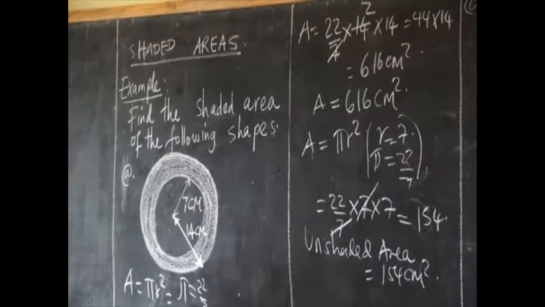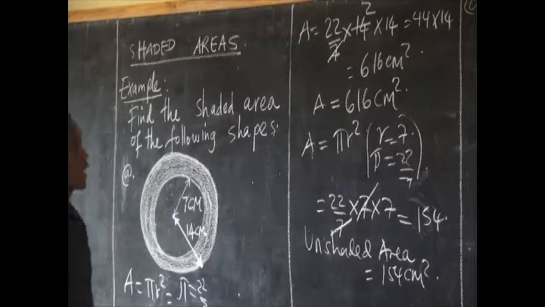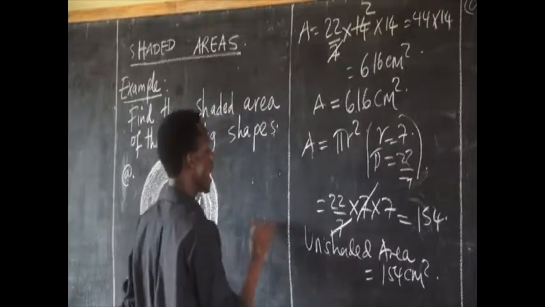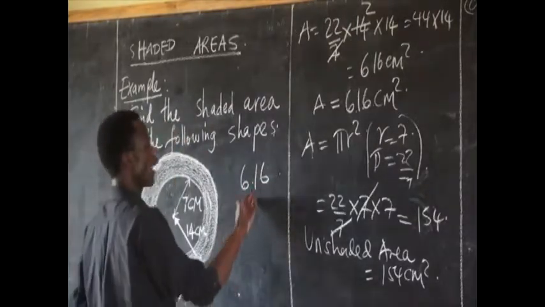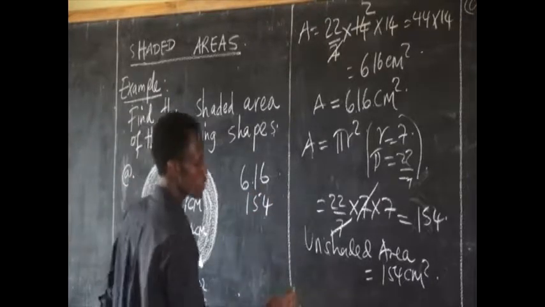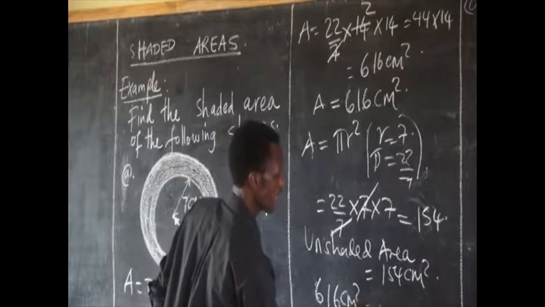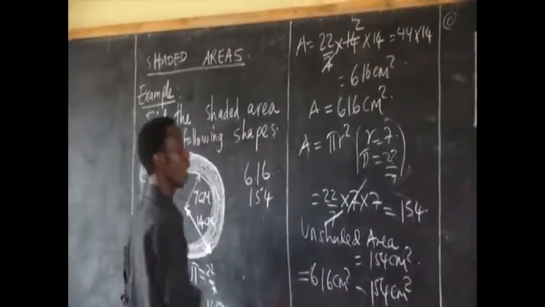So you remove it mathematically, not only automatically. You take 616 minus 154.